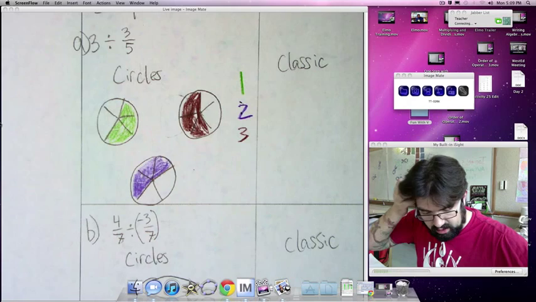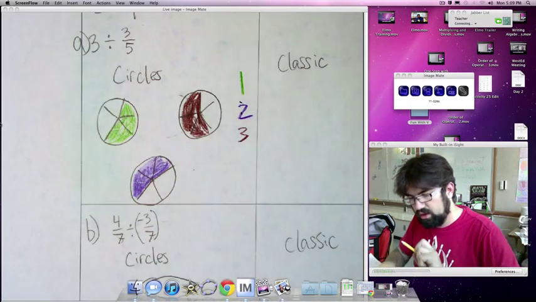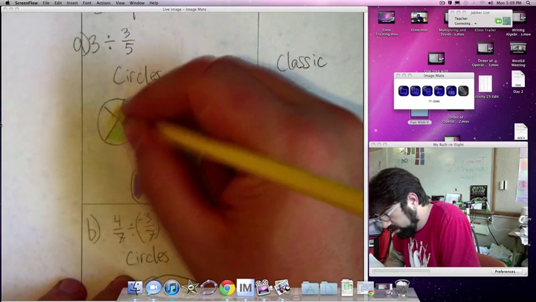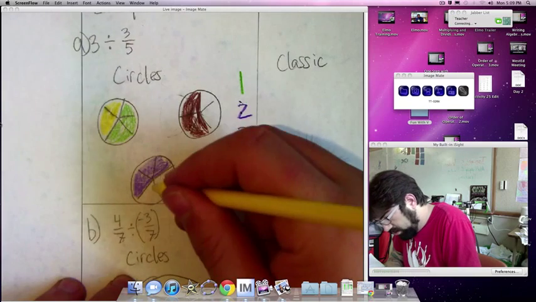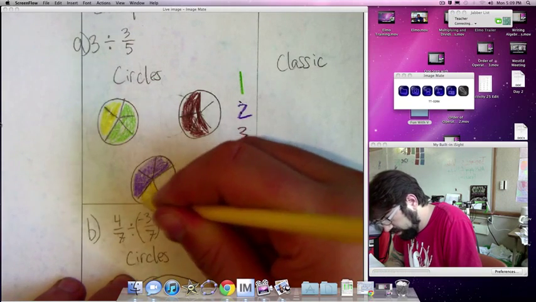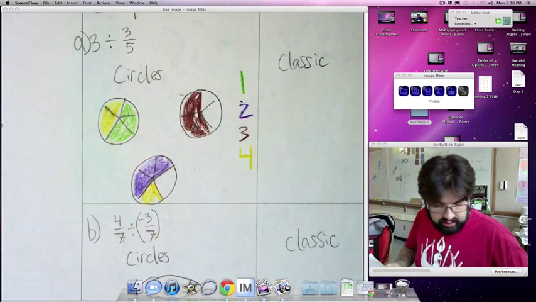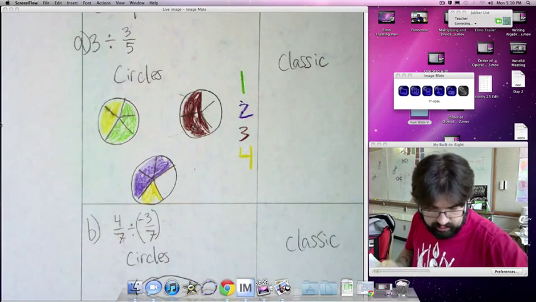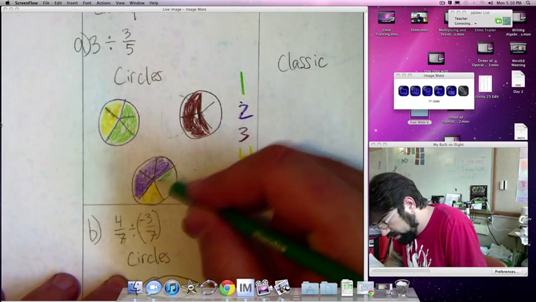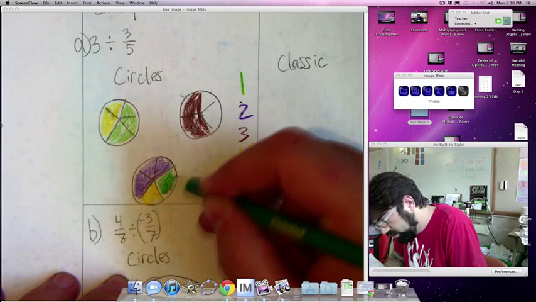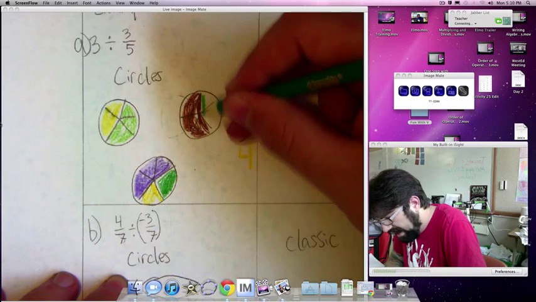Okay, and now I've got a bunch of different pieces. Let's see, what's another color I could use? I got a yellow right here. So I've got two, plus one more makes three. So that's four so far. And then let's take this greenish color. I've got one right here, and these two, and that makes five total.